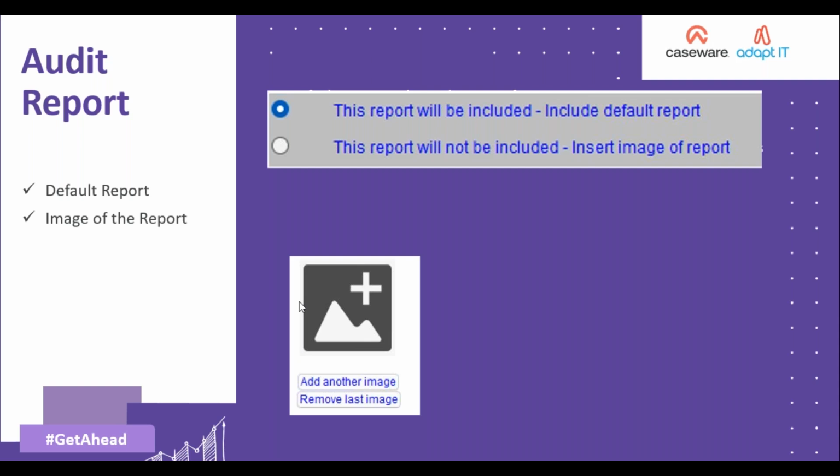You've got the default report, and the default report, if you're wondering, is based on the SAAPS 3 Illustrative Audit Report. We've got lots of firms that do a lot of changes or modifications to the template.